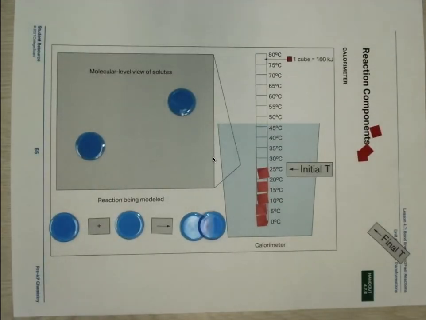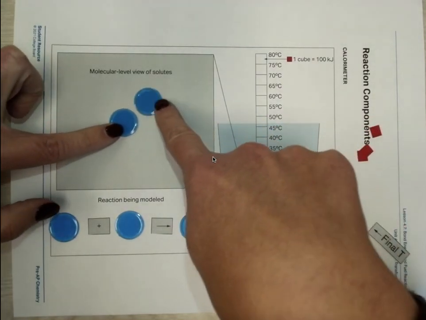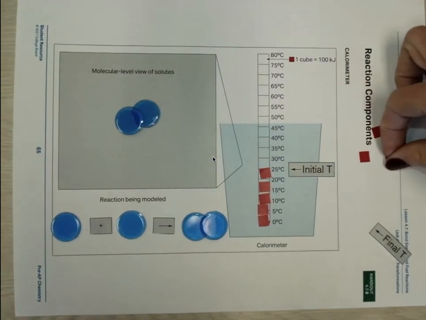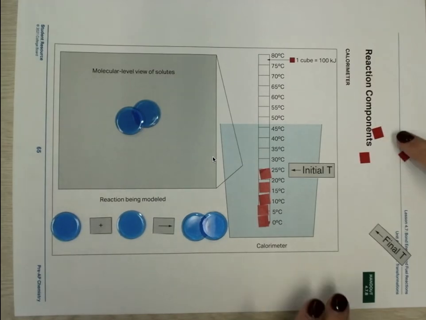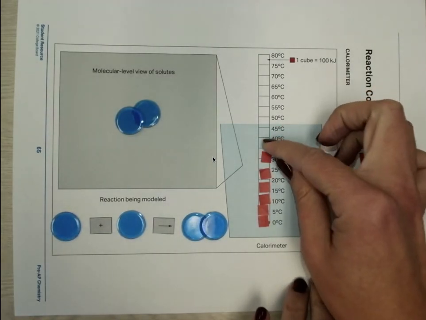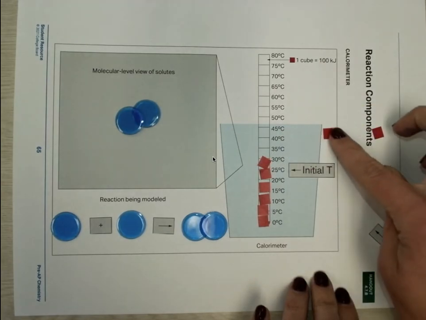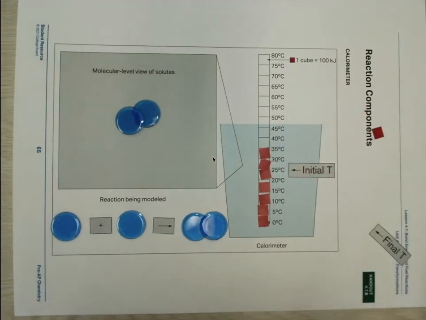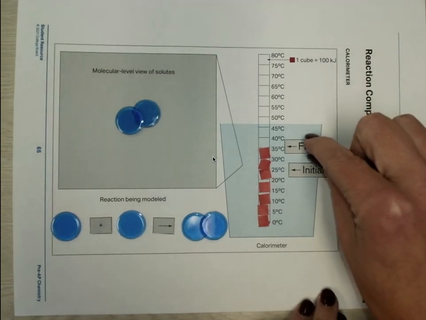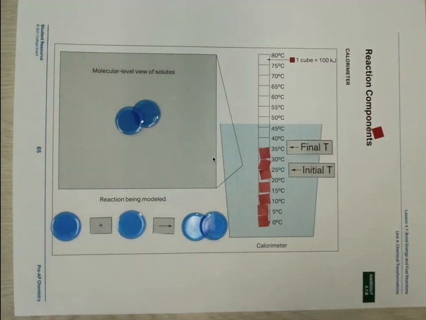But I'm not going to break it this time. I'm going to form it, right? So when I form that bond, bring those together, then I get to gain not just 100, because this bond is worth 200. I get to gain 200. And then my final temperature will go up to 35.